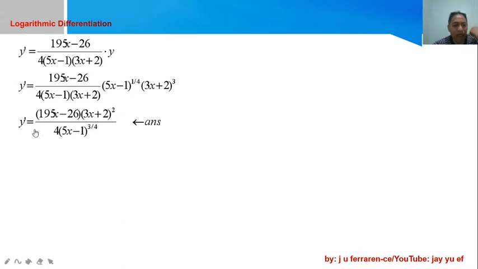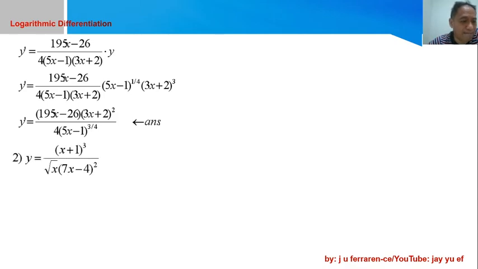We have y prime equal to a ratio where the numerator is the product of 195x minus 26 multiplied with the square of 3x plus 2, and it is divided by 4 multiplied with 5x minus 1 raised to the power of 3/4.